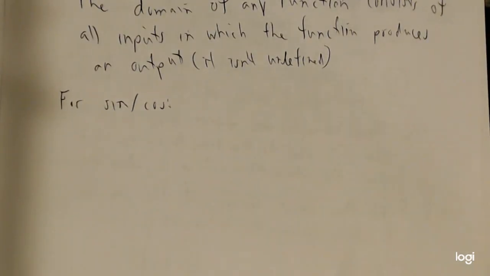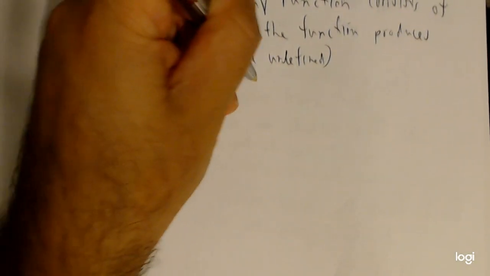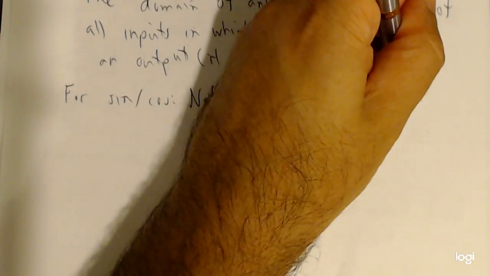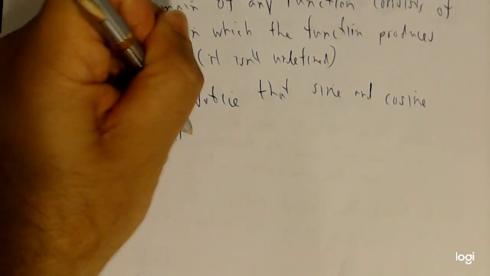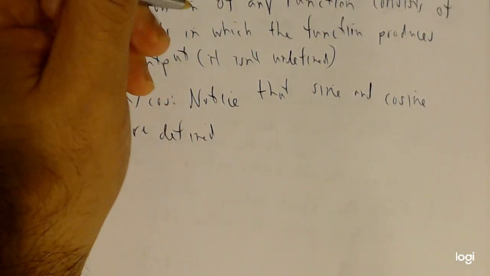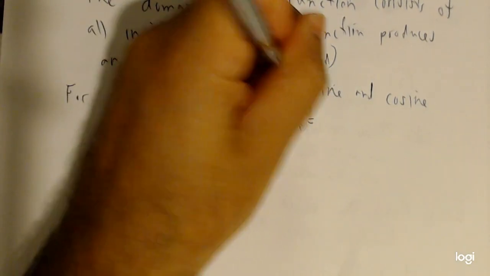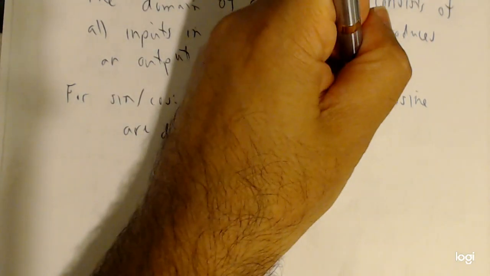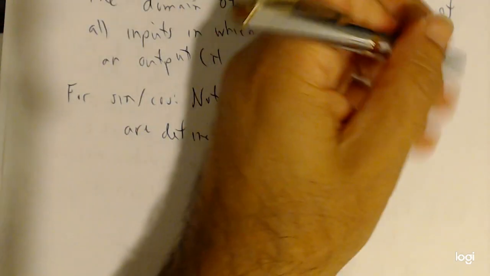And you'll see why I'm grouping them together, because we know that we could say, look, notice that sine and cosine are defined as, we know that sine of t is y over r, and cosine of t is x over r.